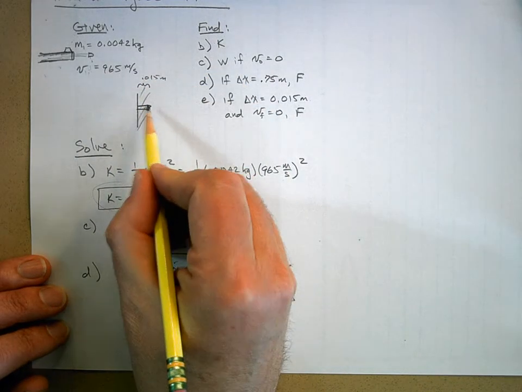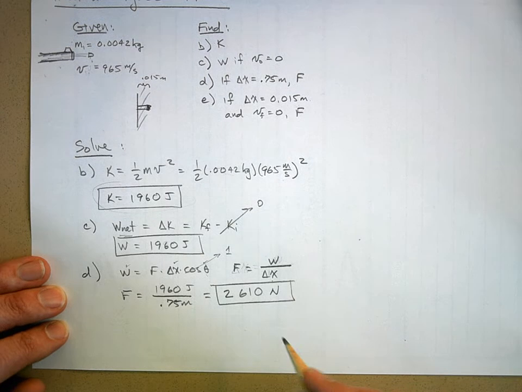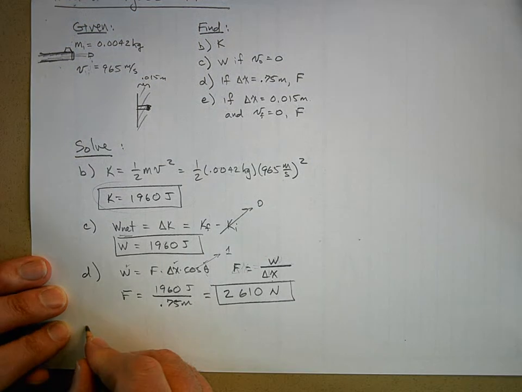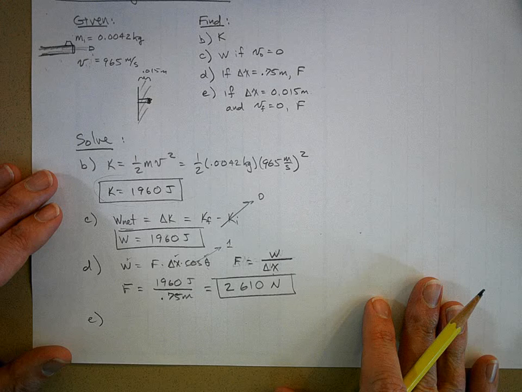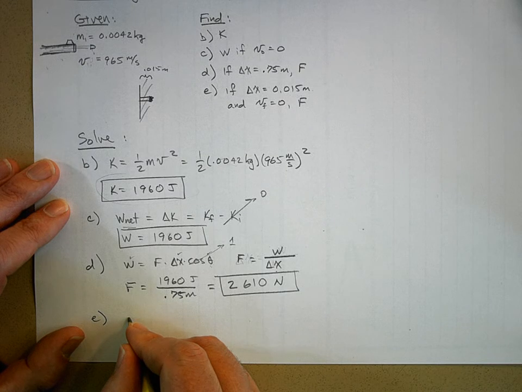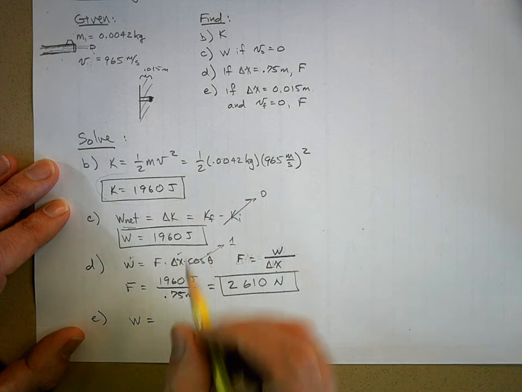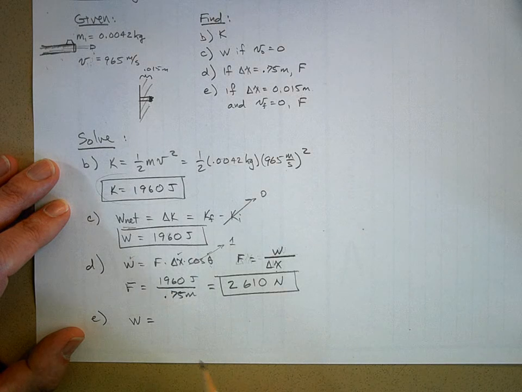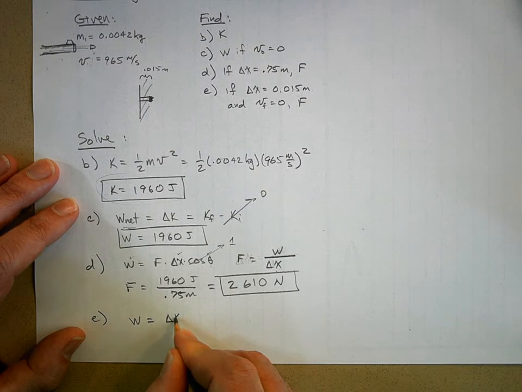So that's from here to here. Now, we know that the work done by the force stopping the bullet is going to be equal to the change in kinetic energy.